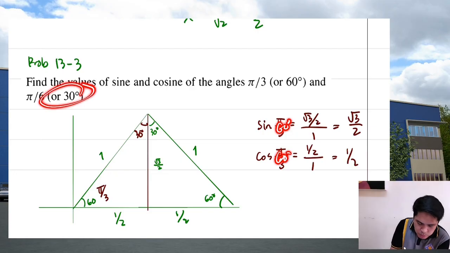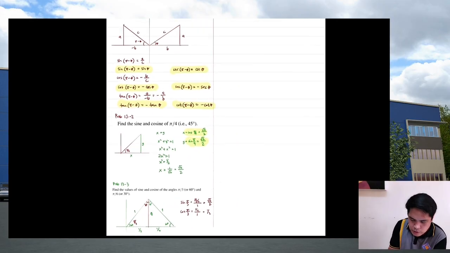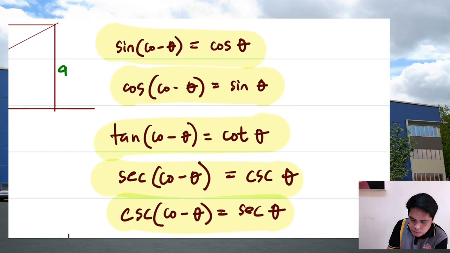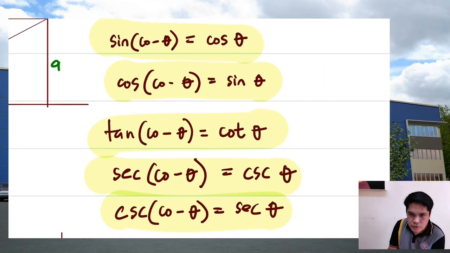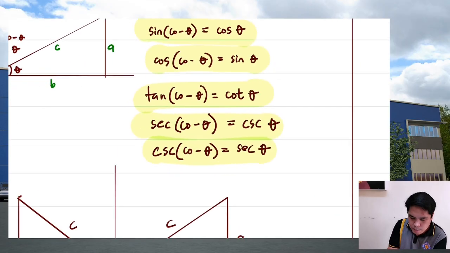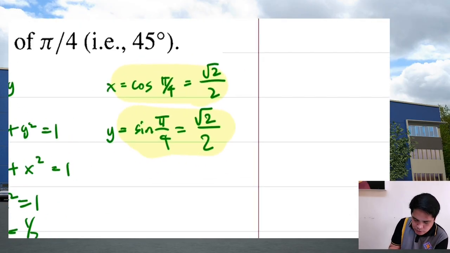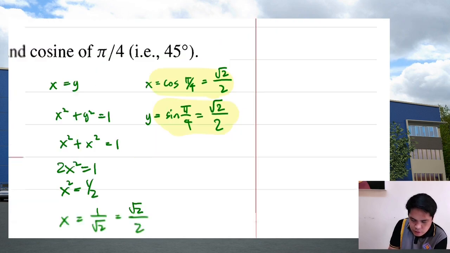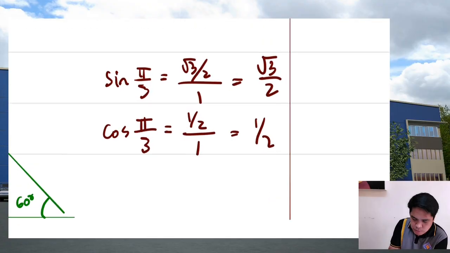Now, how about for 30 degrees? So, let's go back to the complementary identity, which is right here. For the complementary identity, we have these identities. Or simply, the complement of sine is simply cosine.